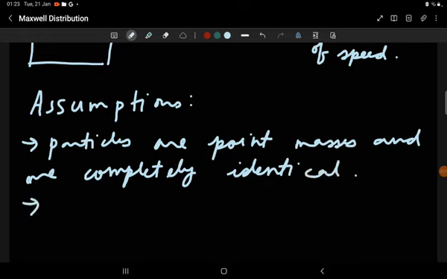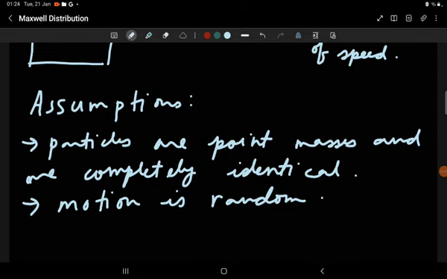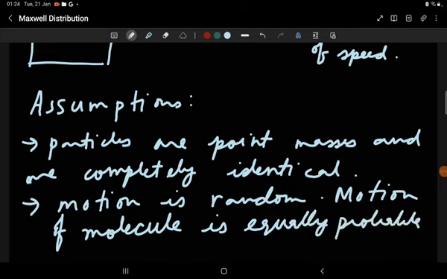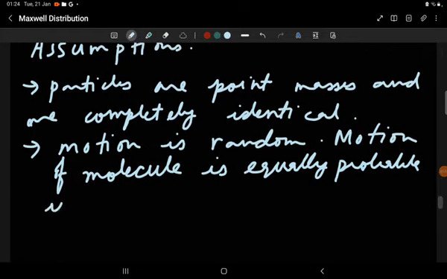Secondly, the motion is completely random. We shall define randomness later, but randomness according to us is where the motion of every molecule is equally probable in any direction, in all directions.